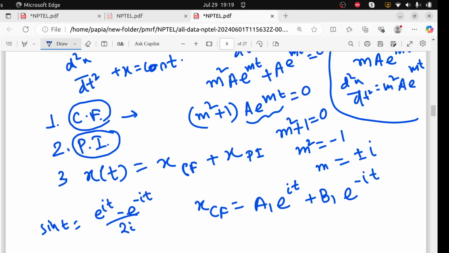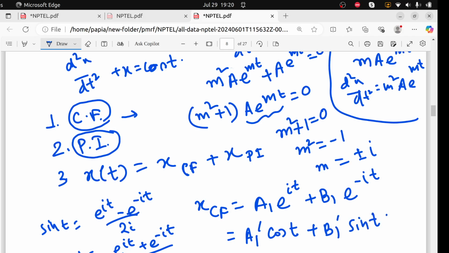Previously I forgot the 2i factor there. And cos t is e to the power it plus e to the power minus it divided by 2. So with some mathematical calculation, I can write it as a1 prime, another constant, times cos t plus b1 prime sin t.